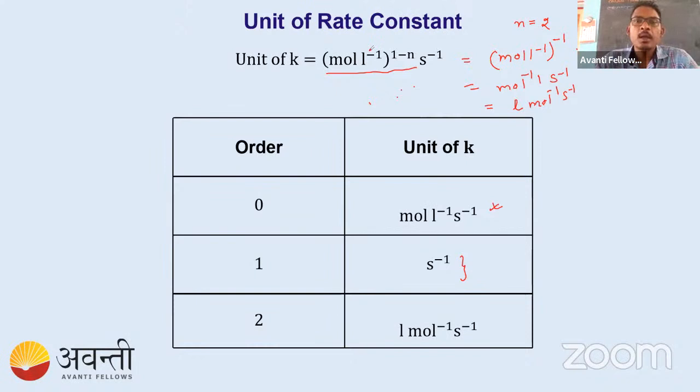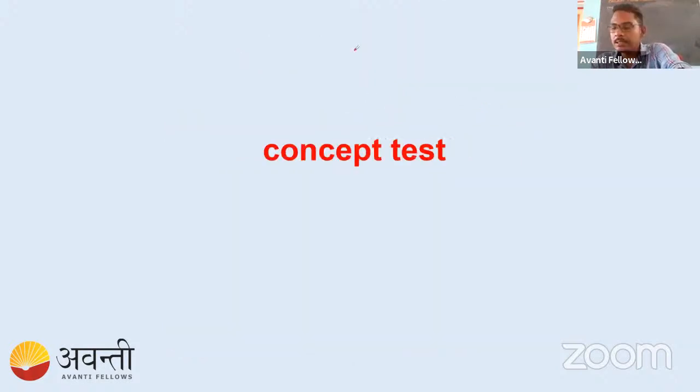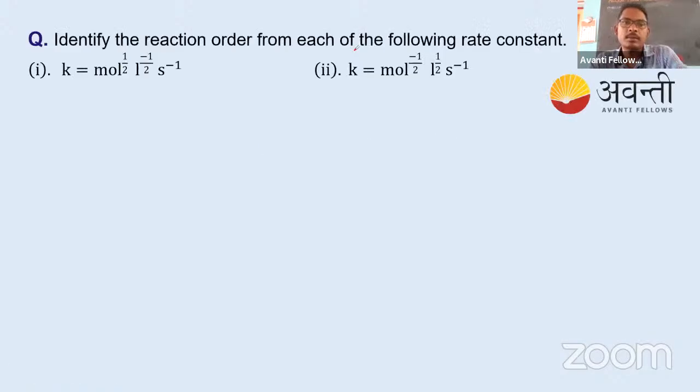Okay, so let's see some questions based on this. Solve some questions based on this. Be ready and try to solve this. Now everyone try to find the order of this reaction. The first one is, the unit of K is given to us like this, and this one is this. So try to tell me the order of this one, this one.